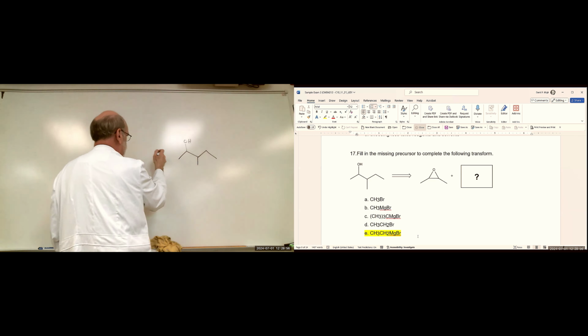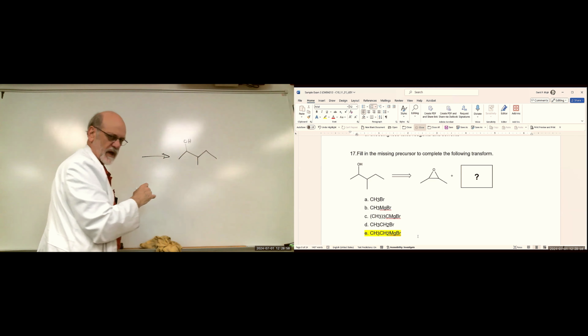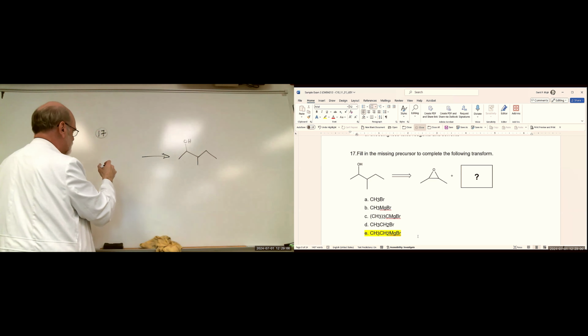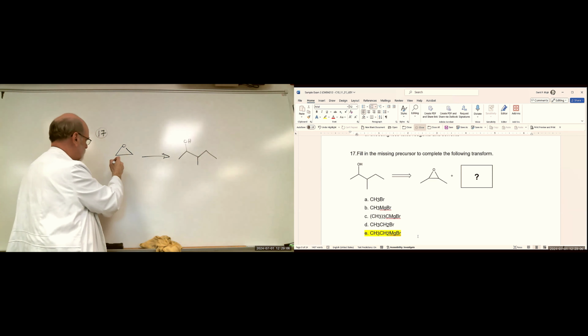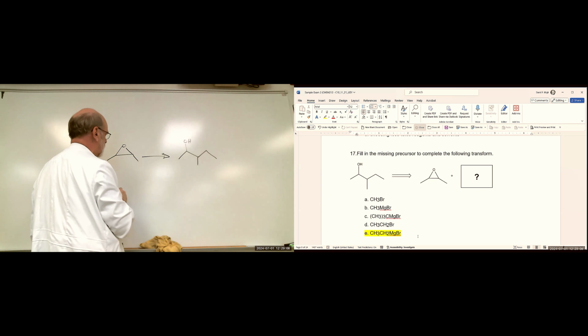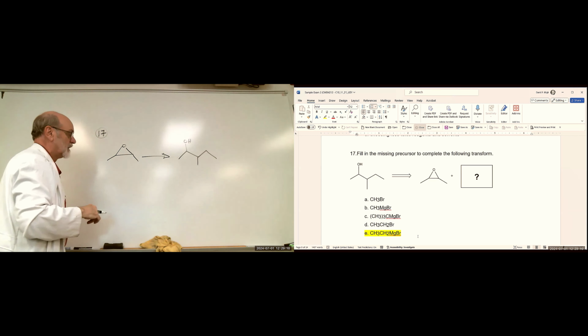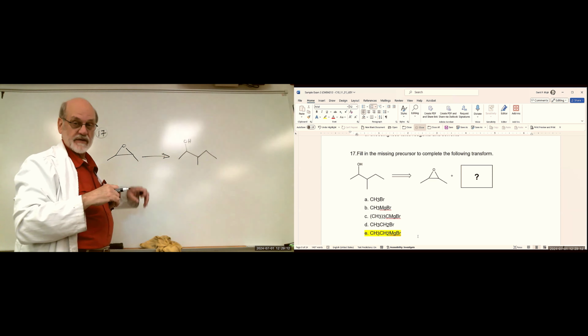The way it's written, that needs to be our product. So one of the reactants is this, and we need another reactant that will give us this.